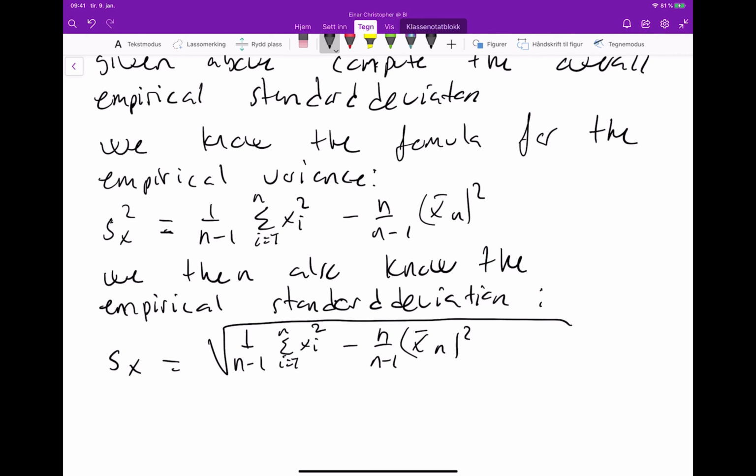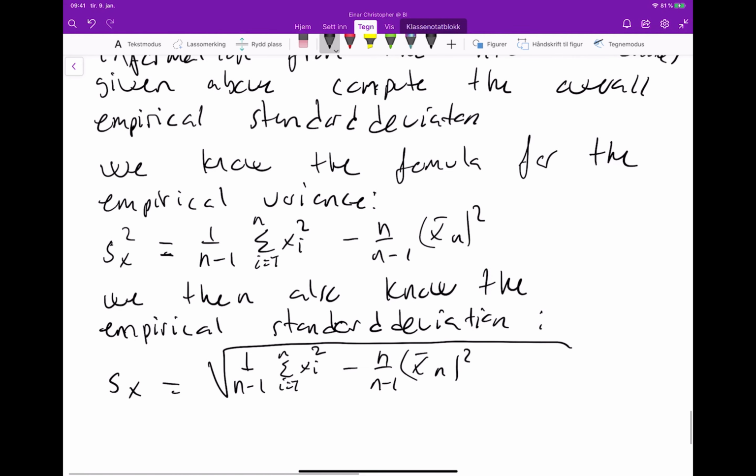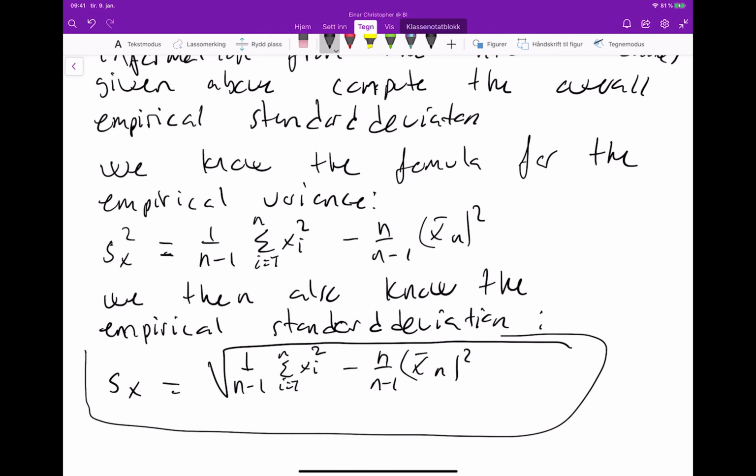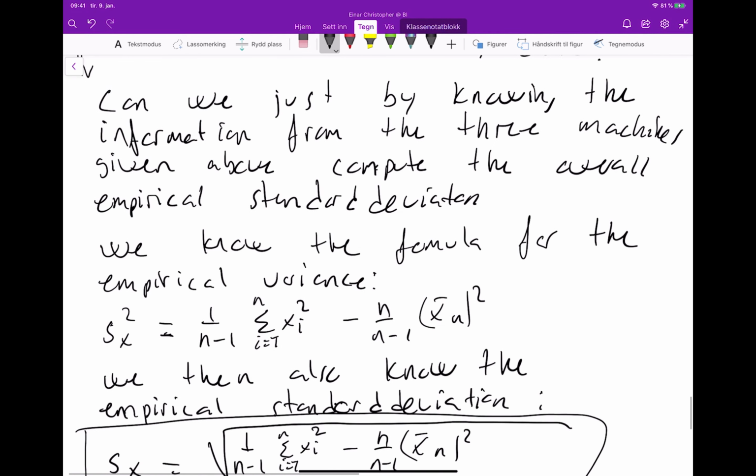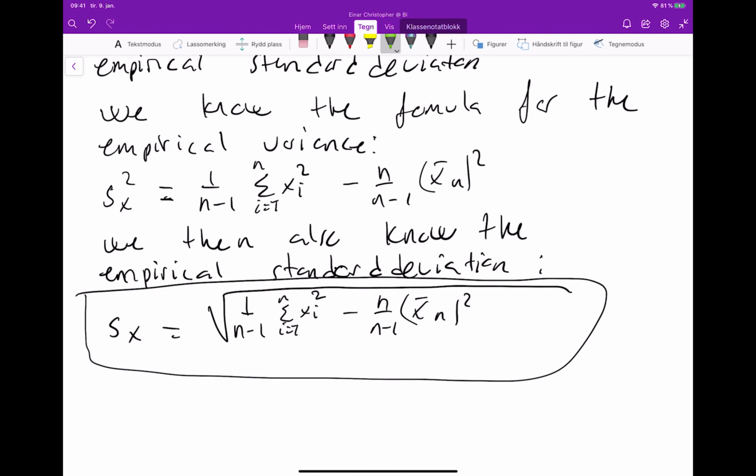But now, the question is, can we compute this one just knowing this information here? If we know that information, we have green light for n minus 1 because we know n, and we therefore have green light for this one.